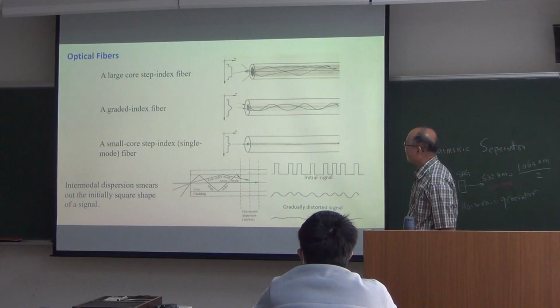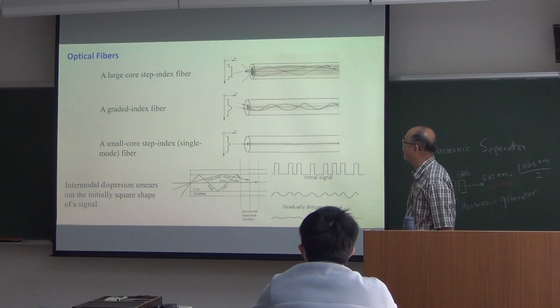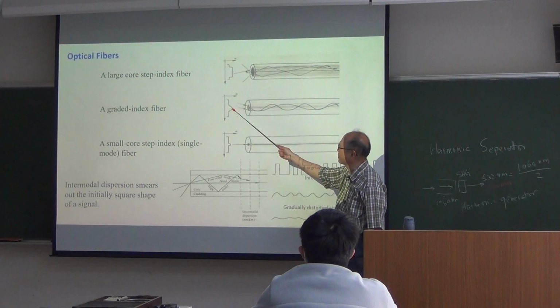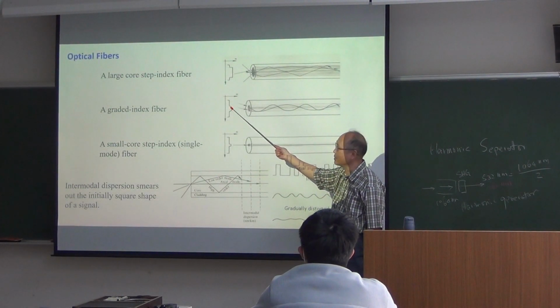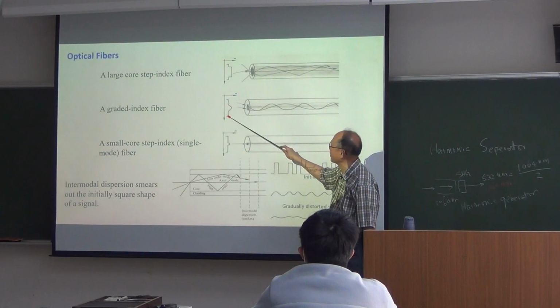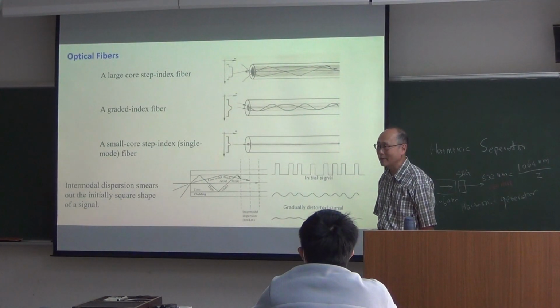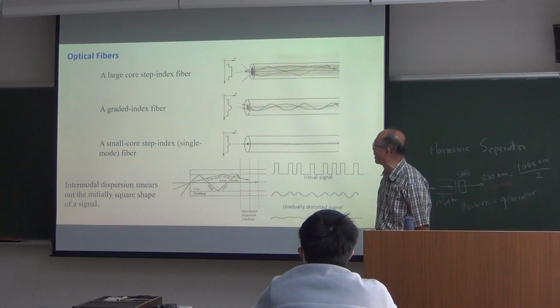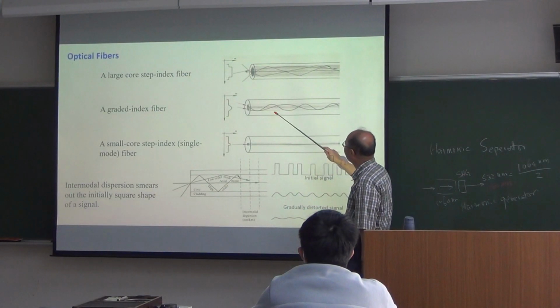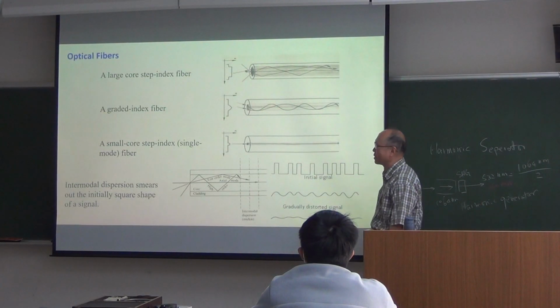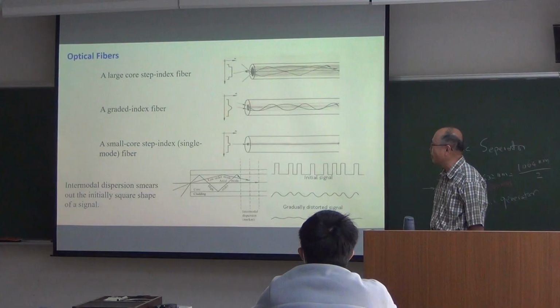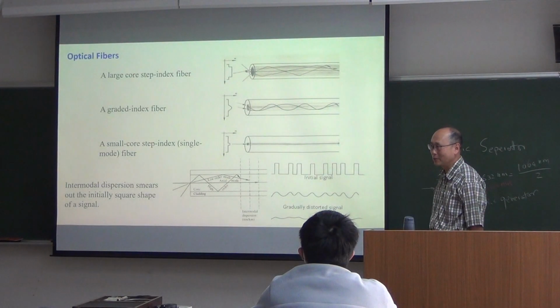But quite often, to reduce the dispersion of the fiber, you can have this kind of graded index fiber. It's a soft aperture for the core material, and then the dispersion, especially the modal dispersion of the fiber, is going to be reduced.